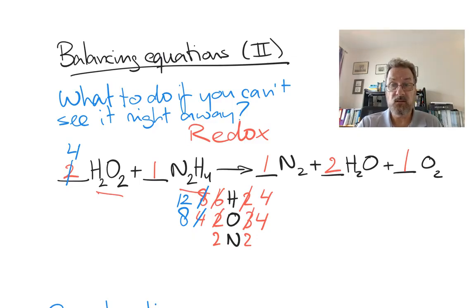And on the right, I had 4, I need to get to 12, well, that should get me to 6 water molecules then, right? And that will get me to 12 of these, but 6 O's plus 1 O2 also gets me to 8 O's, and then it's balanced. So it's a combination of counting and considering what ratios you need, okay?